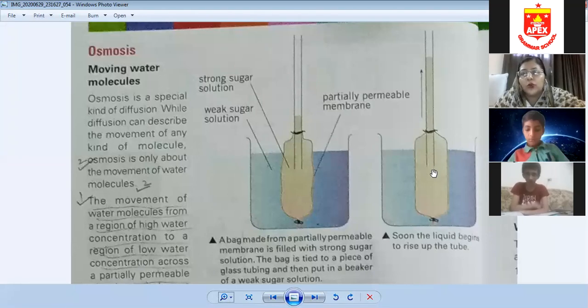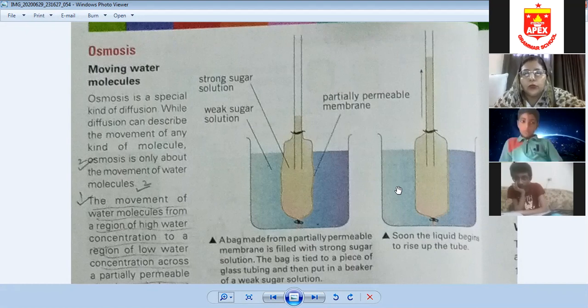This is true: water molecules are raised up, and in the bag the sugar molecules are left, and sugar molecules are big in size, so they will never pass through the partially permeable membrane and will not enter into the weak sugar solution.